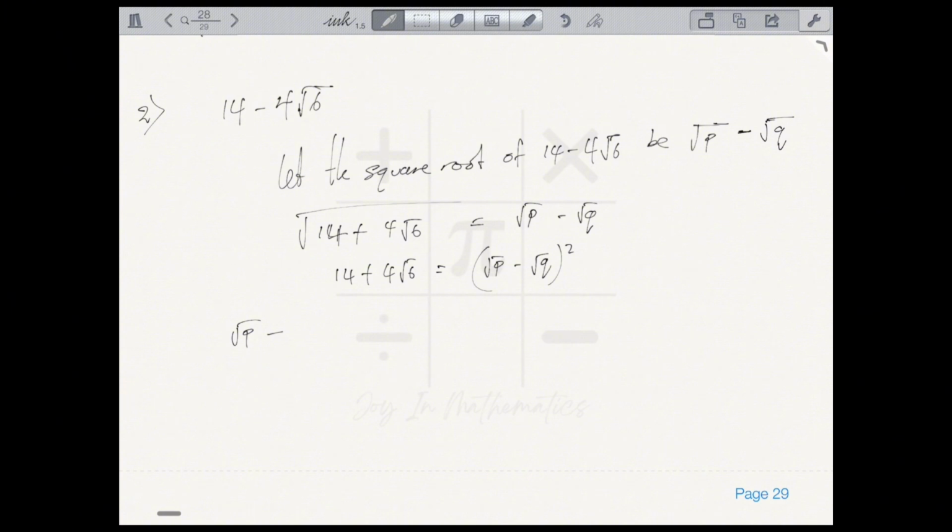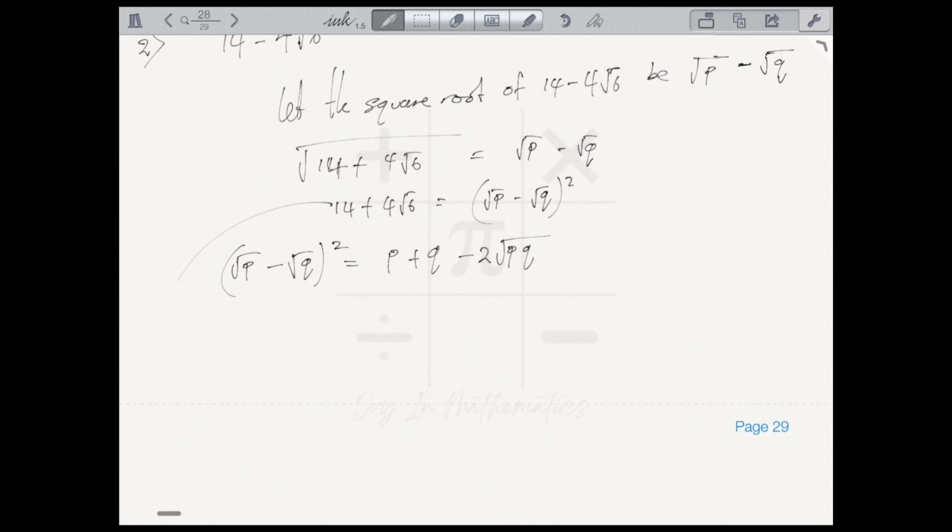And if you find the expression of root p minus root q squared according to algebraic expansion, this will give us p plus q minus 2 root pq. So therefore we are saying that 14 plus 4 root 6 is equal to p plus q minus 2 root pq.